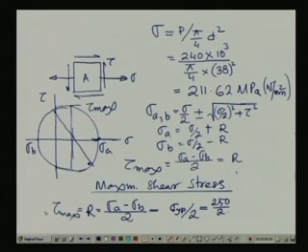From here we can find out the value of shear stress. Let us compute this expression in the next sheet.